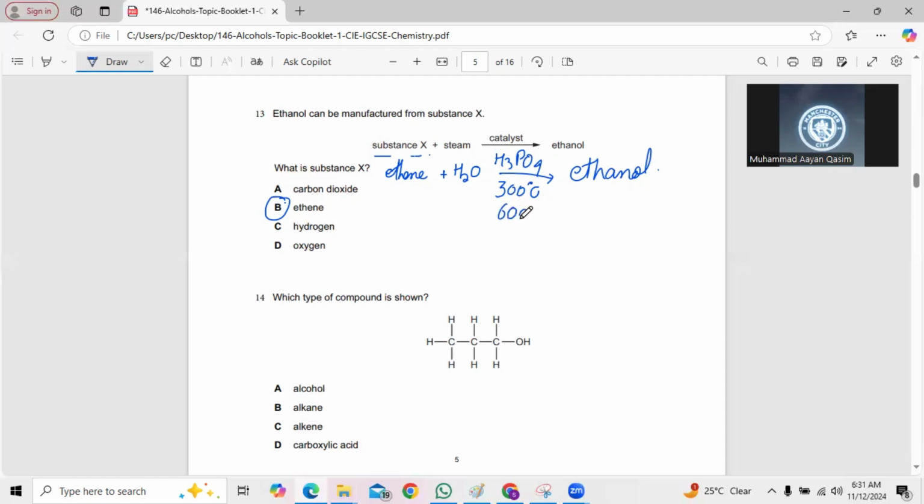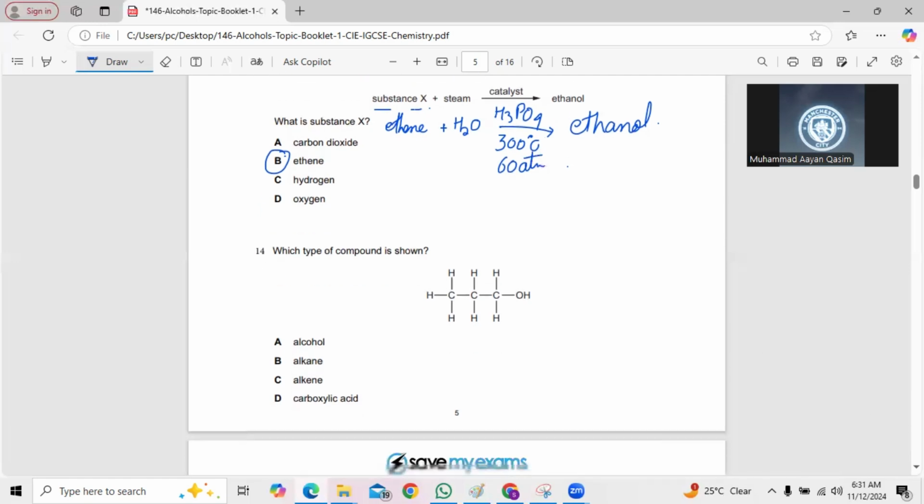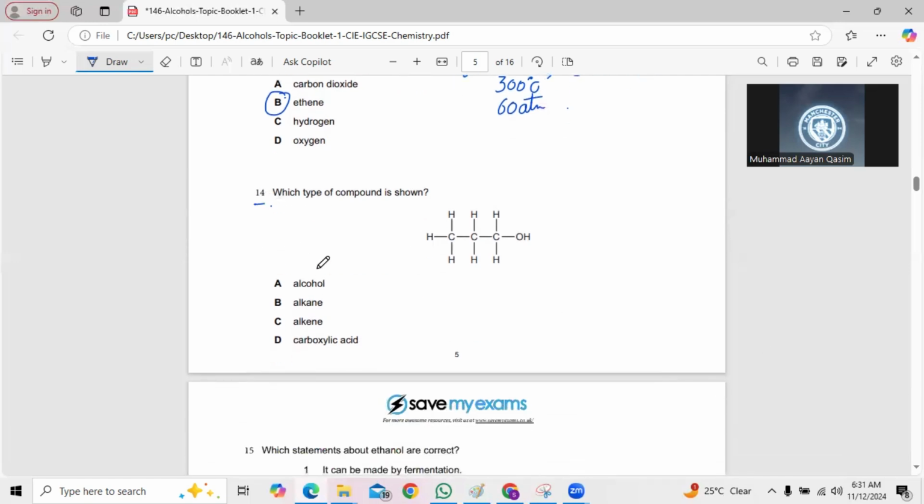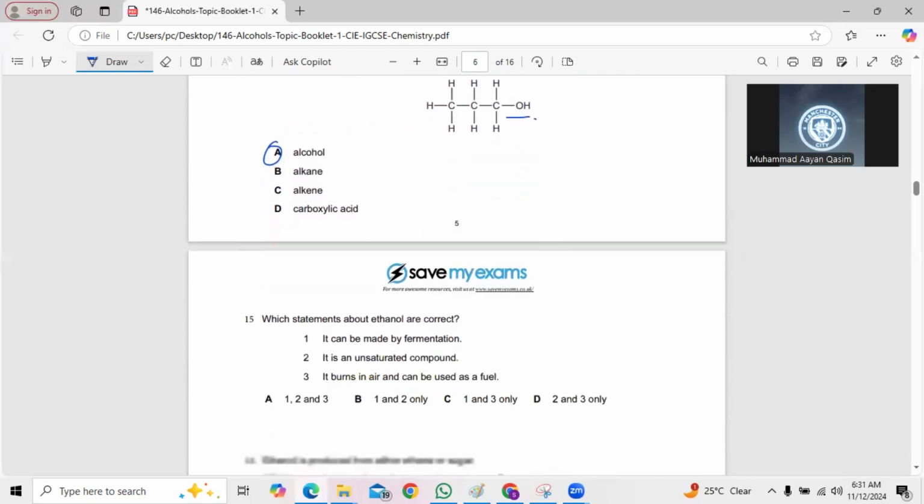That would be 60 atm. Yes, 60 atm. And this is the 14th question. Which type of compound is shown? Alcohol. Yes, that's nice. Alcohol because of the functional group that's attached with it.